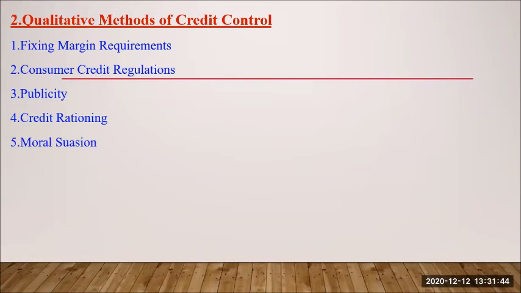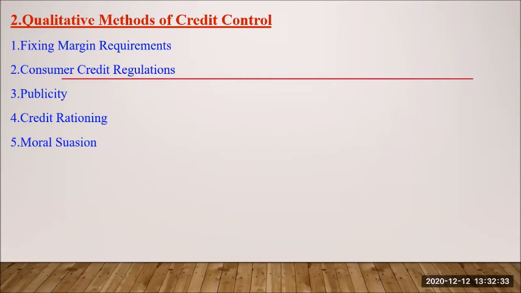Fifth one, moral suasion. It is a suggestion to the banks. Moral suasion is a suggestion to the banks given by RBI regarding the creation of credit. The commercial banks are informed about the expectations of the central bank through monetary policy. The central bank can issue guidelines and suggestions for the commercial banks regarding reducing the credit supply for speculative purposes.